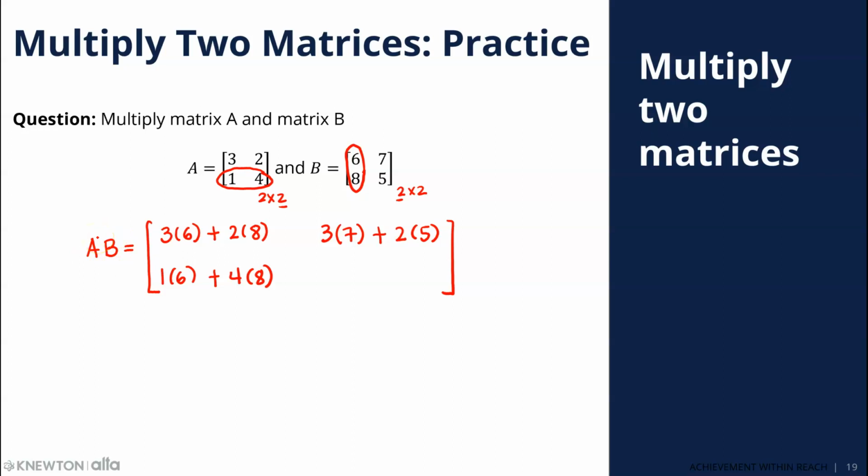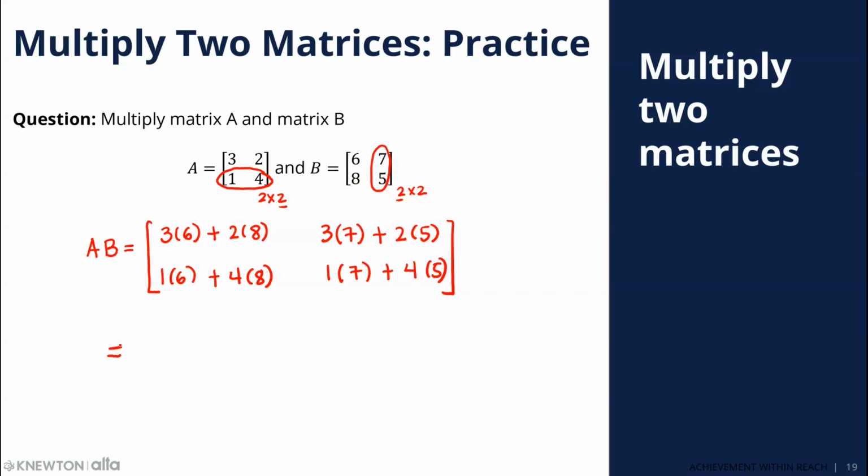And then next, you multiply the second row in A by the second column in B. So you have 1 times 7 plus 4 times 5. And then you simplify.